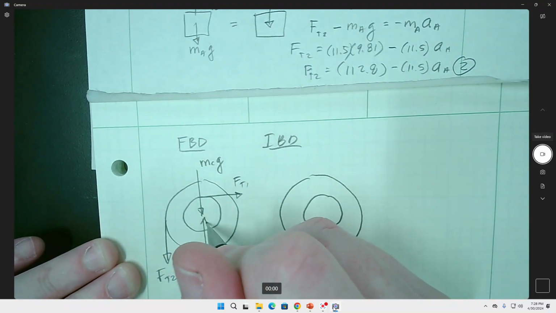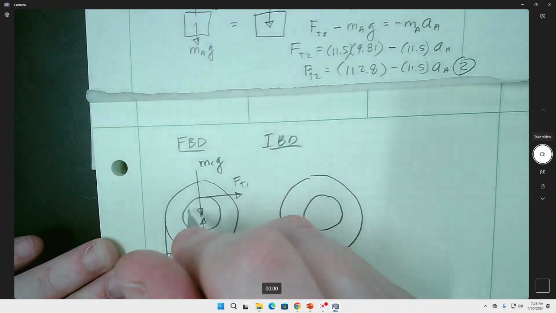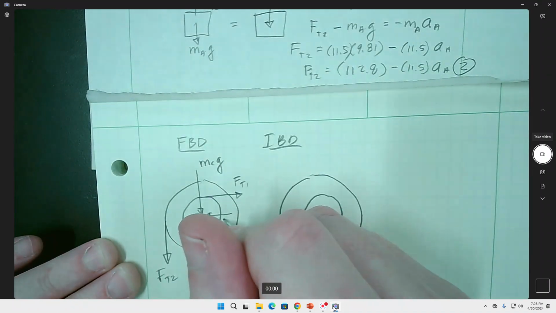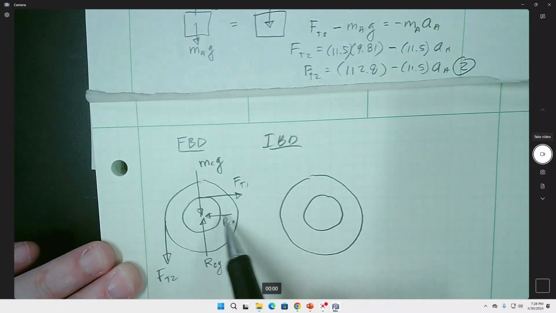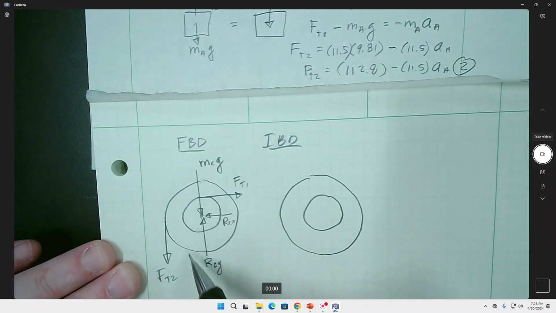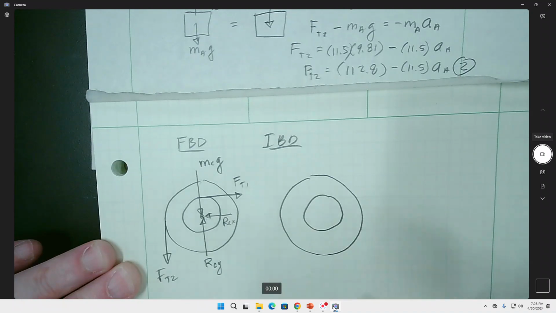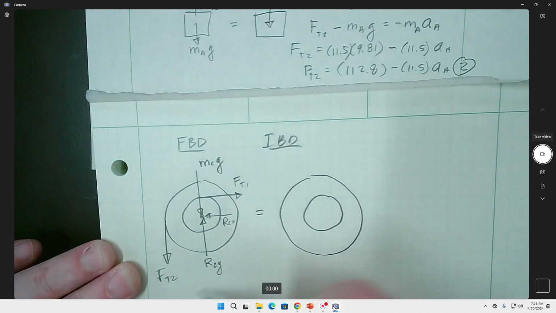And then up there, we would go RCY, and I'm pretty sure it's going to go that direction, so I'm going to put the arrow in there. It doesn't really matter. Here's RCX. In some instances we might want to know what these forces are on this pin, because we might want to design that pin. We won't care because we're trying to find the motion.